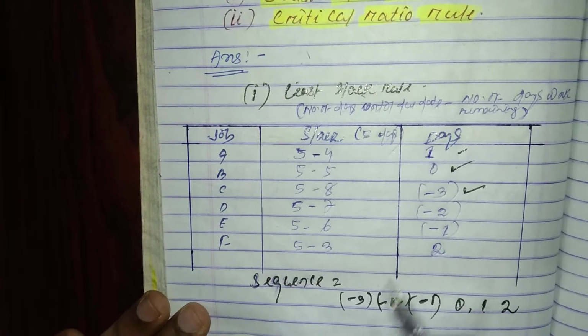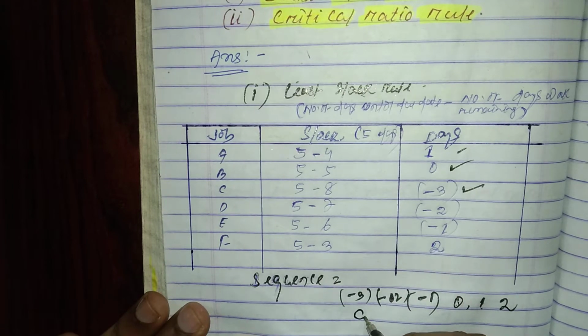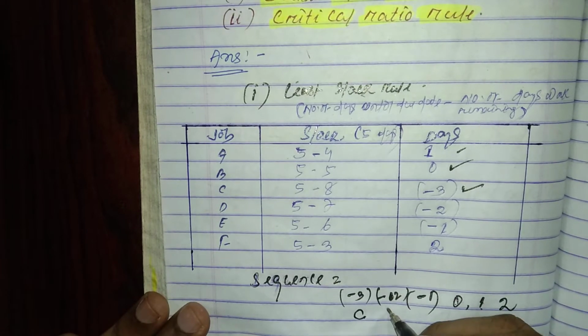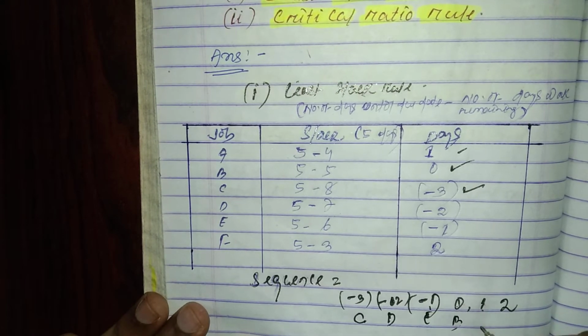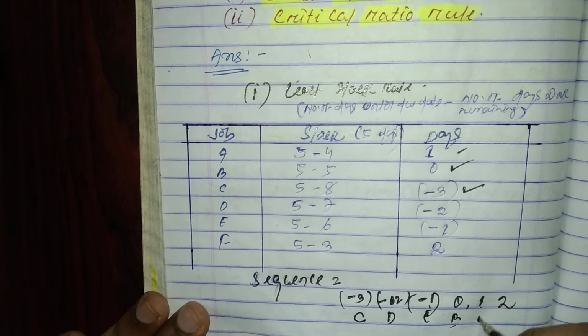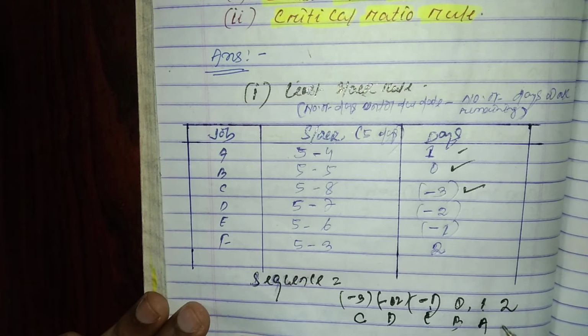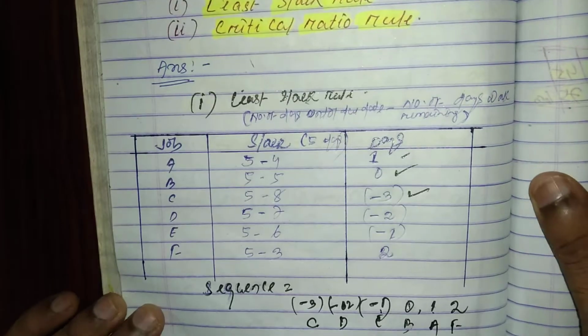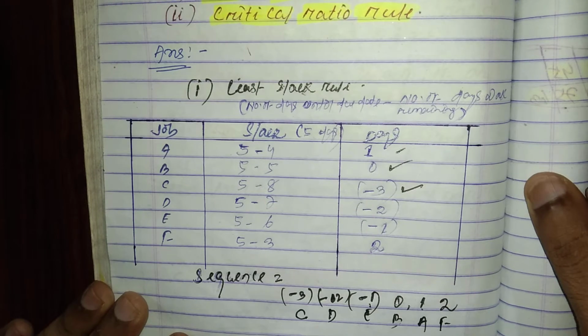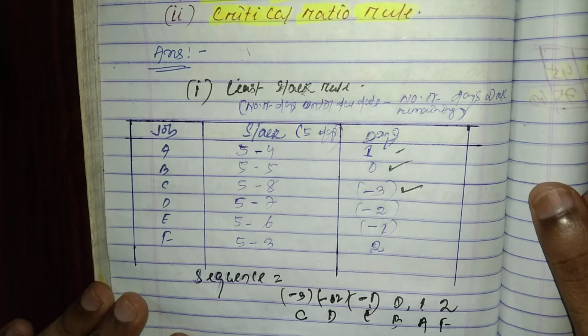This way the sequence is: minus 3 is C, then minus 2 is D, then minus 1 is E, then 0 is B, 1 is A, and 2 is F. This is the sequence of the least slack rule.